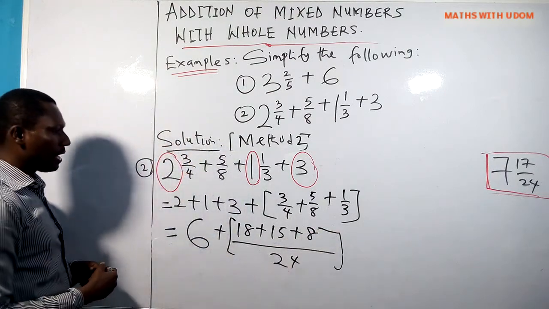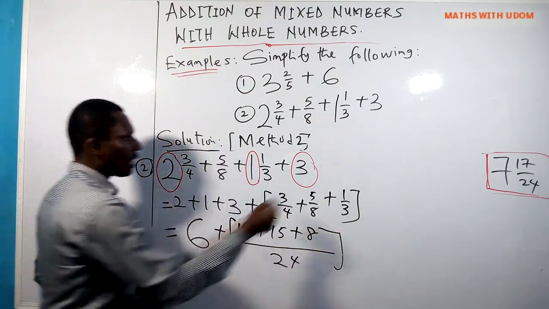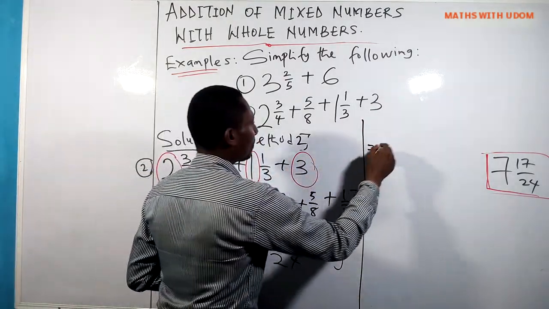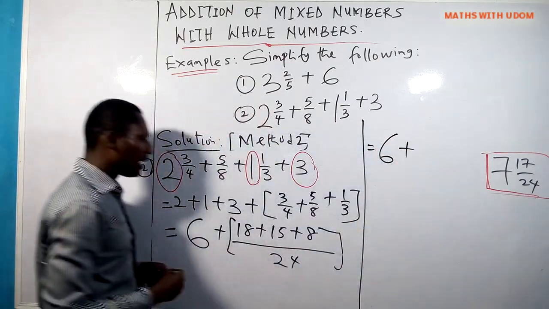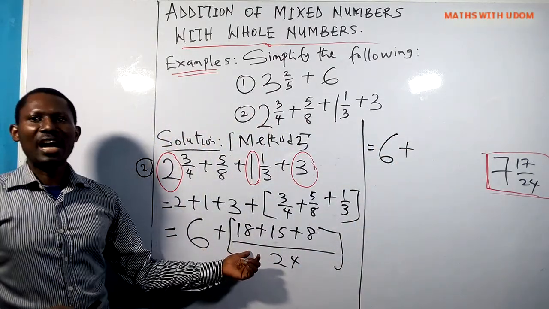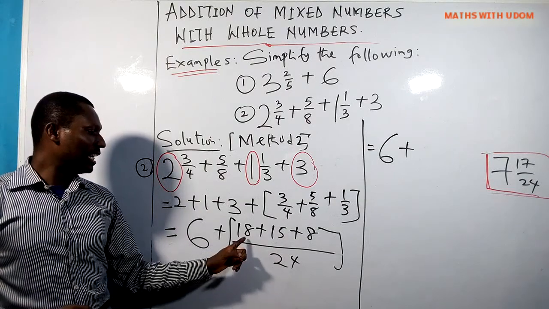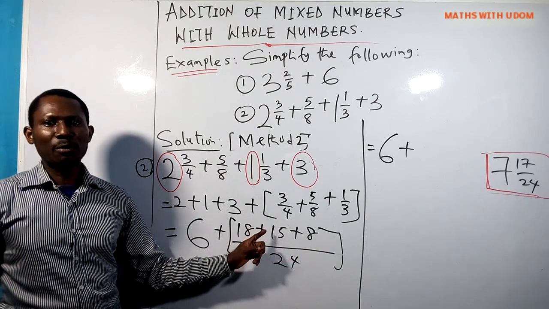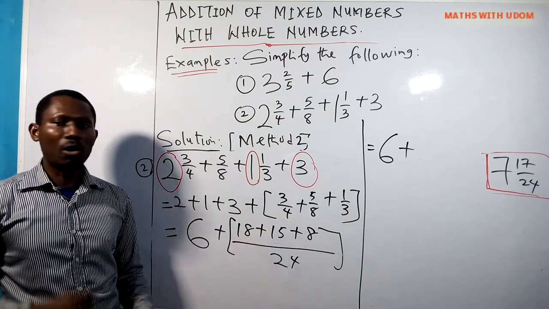So from here, where do we go? We now come to this side and write our whole number 6 plus. Now, can we add all the numerators together? 18 plus 15 plus 8 will give us 41. Okay?